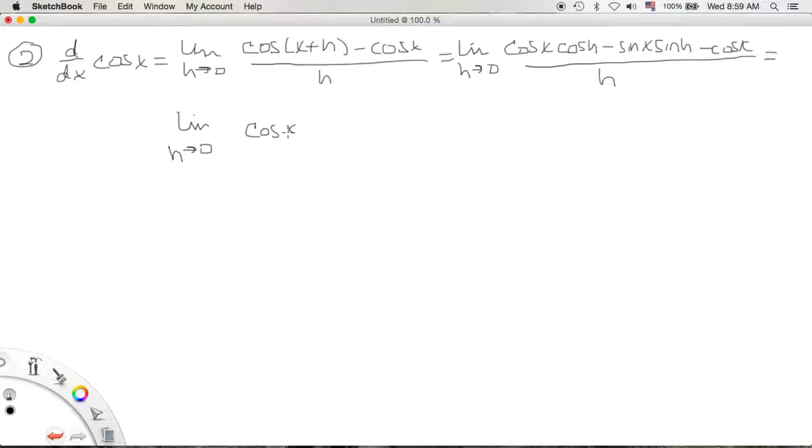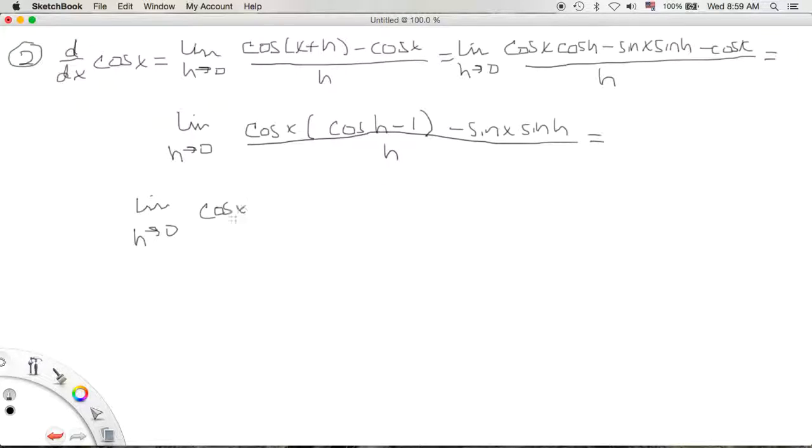So we pull out that common factor of the cosine of x. And then we split it up, as I say, almost exactly the same way as the other one: the limit as h goes to 0 of the cosine of x times the limit as h goes to 0 of the cosine of h minus 1 over h.